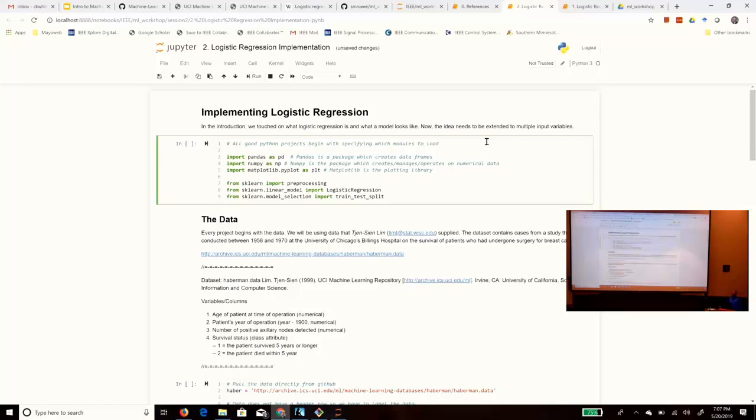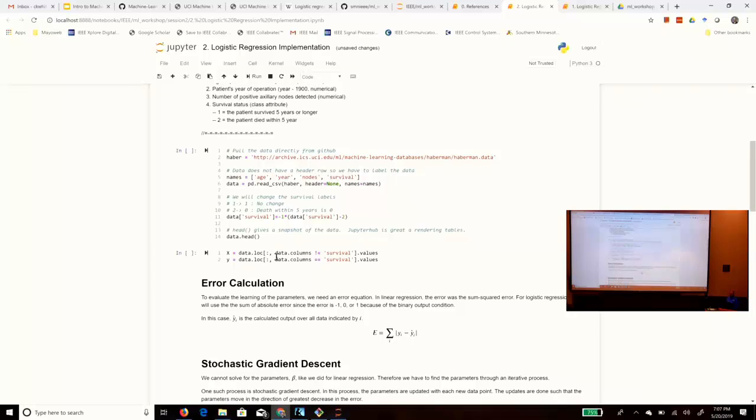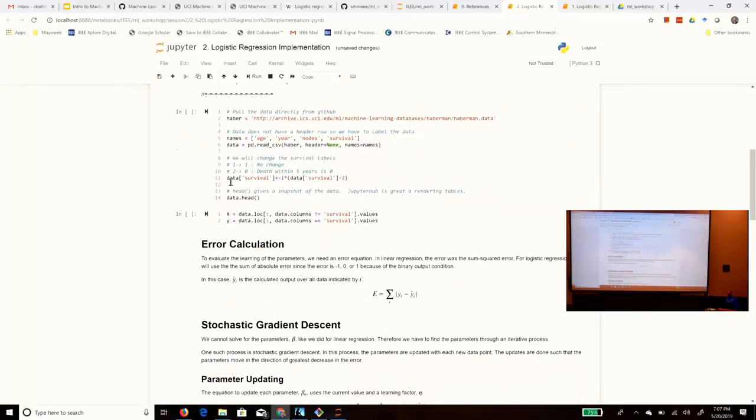All right? So execute that first cell, run it. This is going to load the packages we need to get through this notebook. We're going to use the same data we did before, but now we're going to move down to the next code cell. We're going to run that to get the data again, because this is running in a separate kernel.